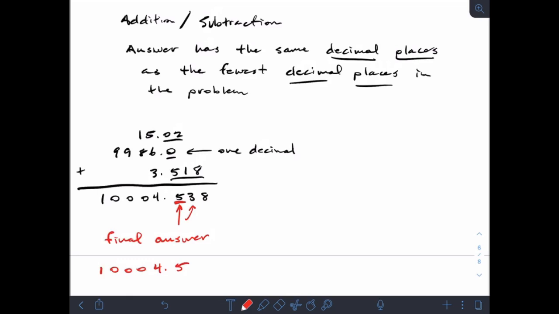Right, let's do another one. So let's say I'm subtracting a couple of numbers. Let's say I'm subtracting 15732.1 and 3.567.